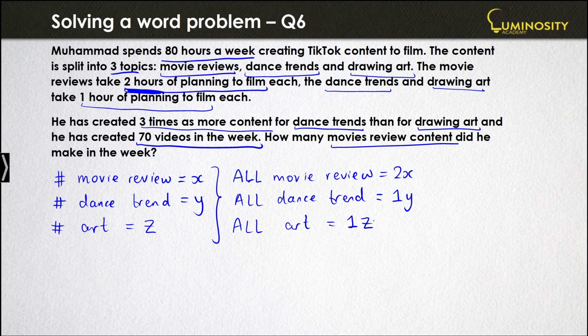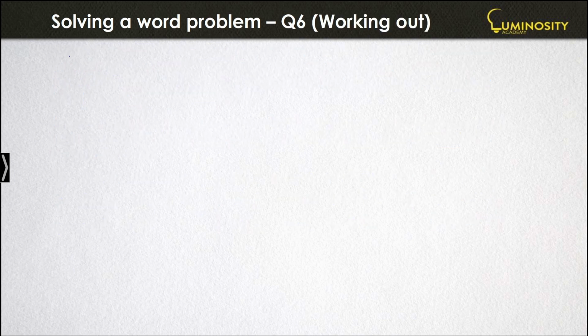So we know that Mohammed dedicates 80 hours to filming all 3 types of content. We know it takes him 2x hours in total to create all the movie reviews. It takes 1 Y, so just Y amount of hours to make all the dance trend videos. And it takes him Z amounts of hours to create all the art videos. So in total, we have 2x plus 1y plus z.